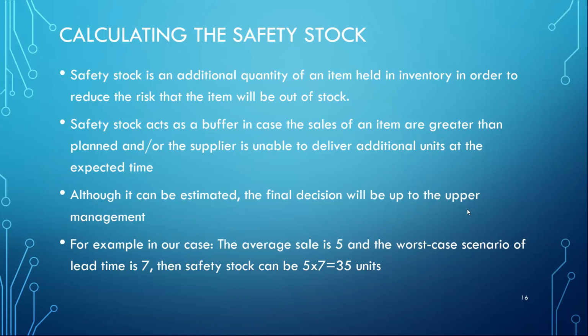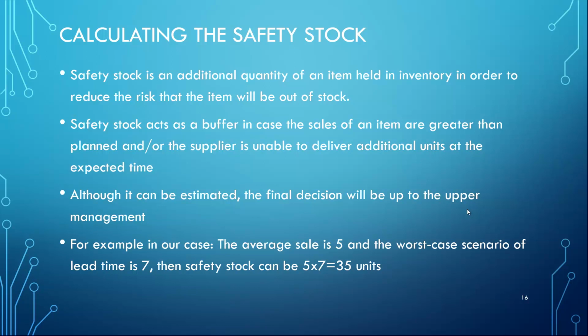Then we have the safety stock, the additional quantity, the buffer, that will assist me in fulfilling the demand. So the safety stock acts as a buffer in case the sales of an item are greater than planned and or the supplier is unable to deliver additional units at the expected time.